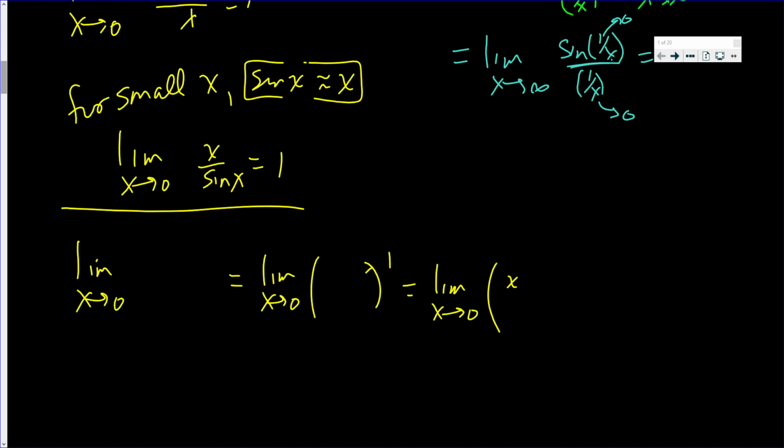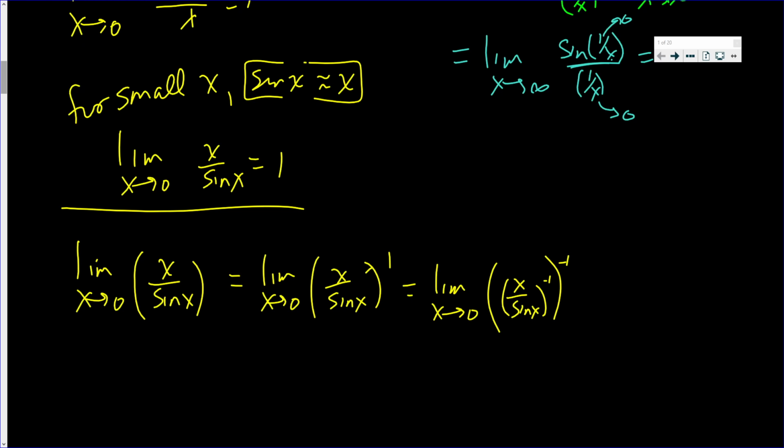I'm not taking the right limit. We want to figure out a formula for this limit. Well, that function is equal to itself to the first power. But now, if I do x over sine x to the -1 raised to the -1, remember, you're supposed to multiply those two exponents.